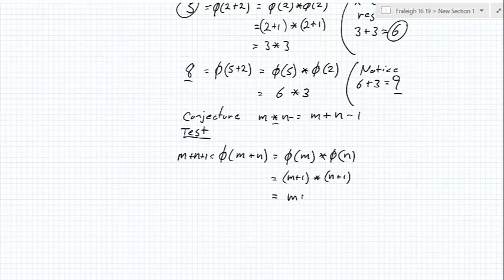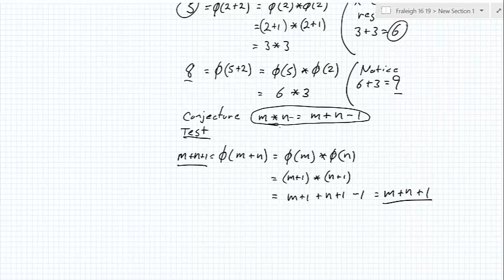So we get m plus 1 plus n plus 1 minus 1, which is m plus n plus 1. Aha! It works. It's an isomorphism. So star defined in this way makes phi an isomorphism.